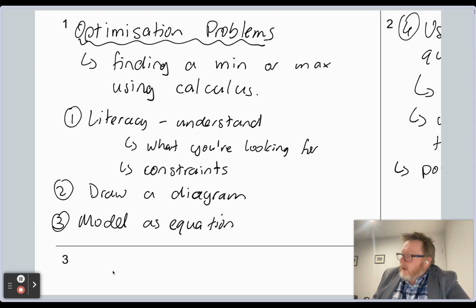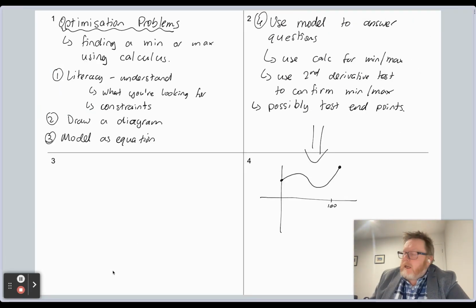And then finally, I'll just zoom out so you can see it here. Use the model to answer the questions in the problem. Now, the question could be as simple as find the maximum or find the minimum, or it could be find the value of the function at this point and draw a graph here and whatever else. But ultimately, once you've got the model, you should be able to work things out pretty straightforwardly from there.